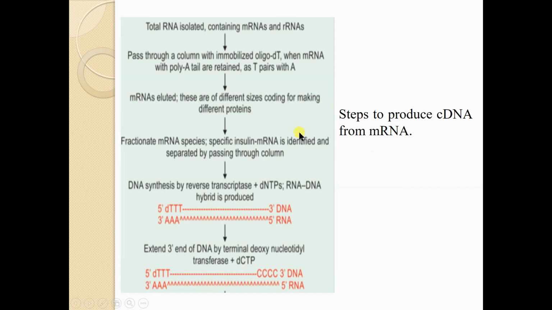So only the mRNA that is translated into insulin will be retained in the column while the others will be eluted out.